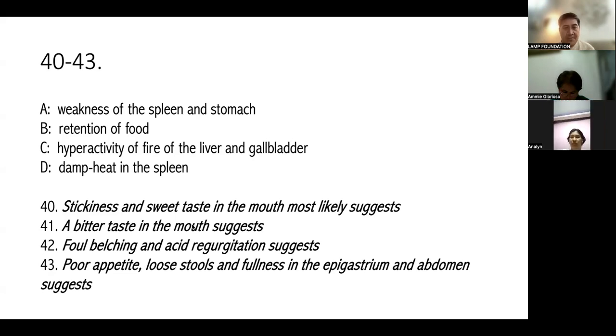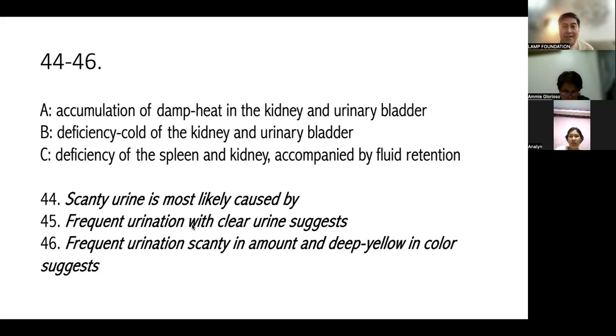Okay, bago tayo mag-proceed, Ma'am Joy, did you now understand? Lahat interconnected. Yes po. Yes, Doc.